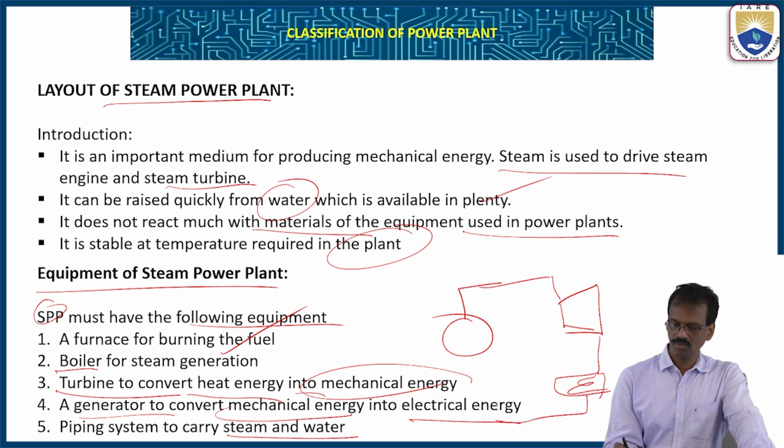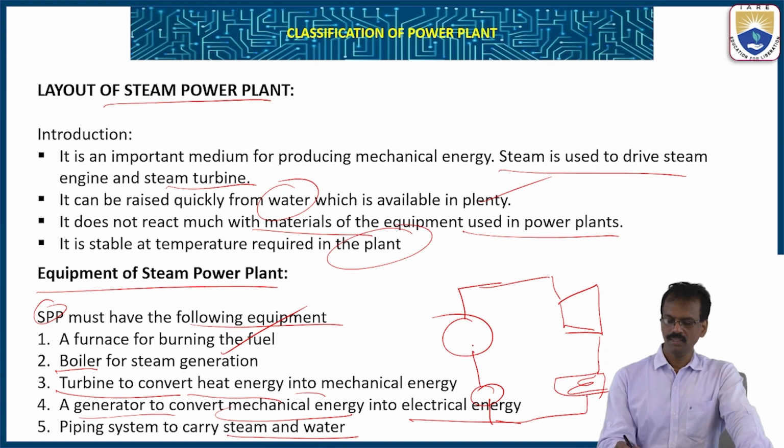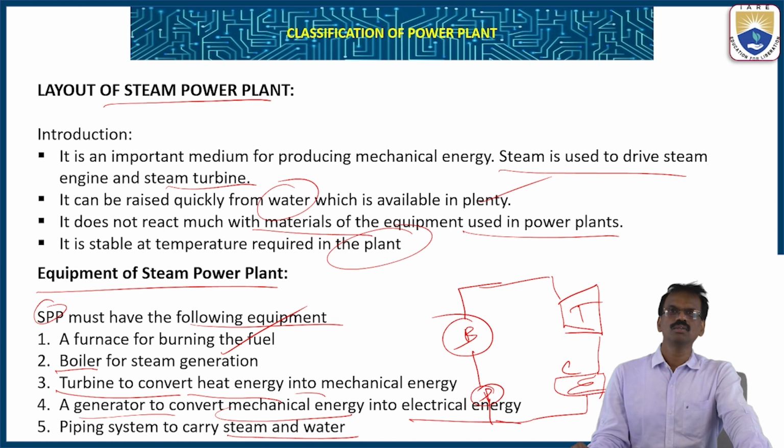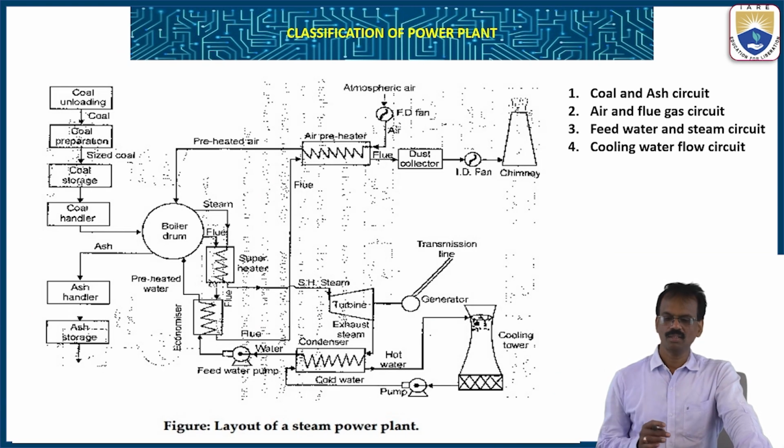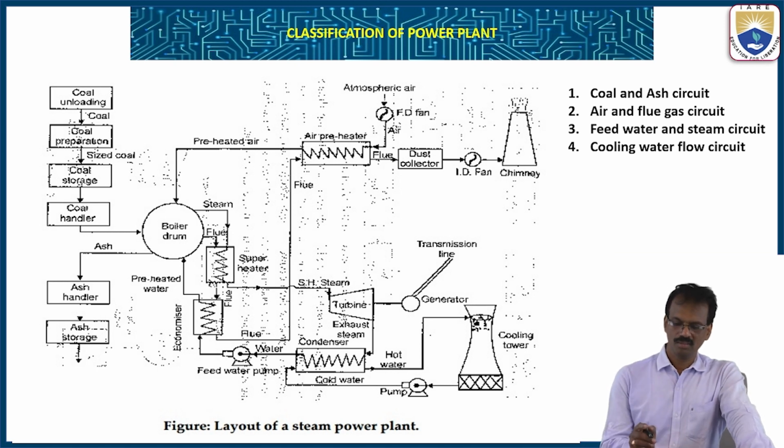Next, it is connected to a pipe to feed the water from the condenser to the boiler. So this one is the boiler, this is the turbine, this one is the condenser, this one is the pipe. These things are very important for this steam power plant. This is the block diagram of the steam power plant.